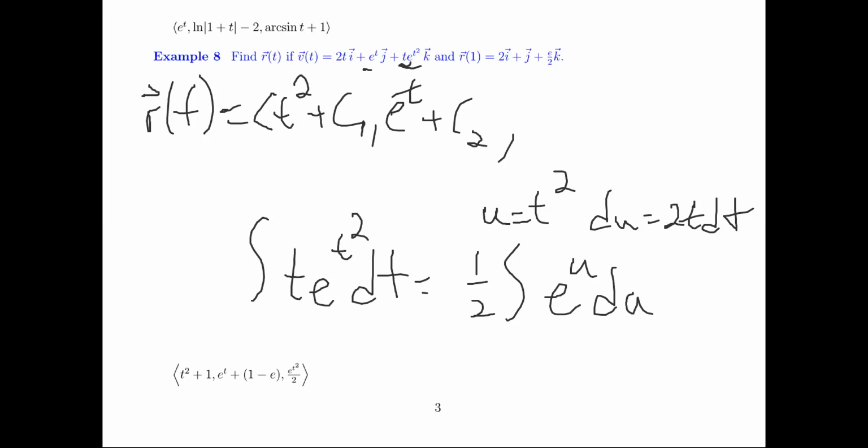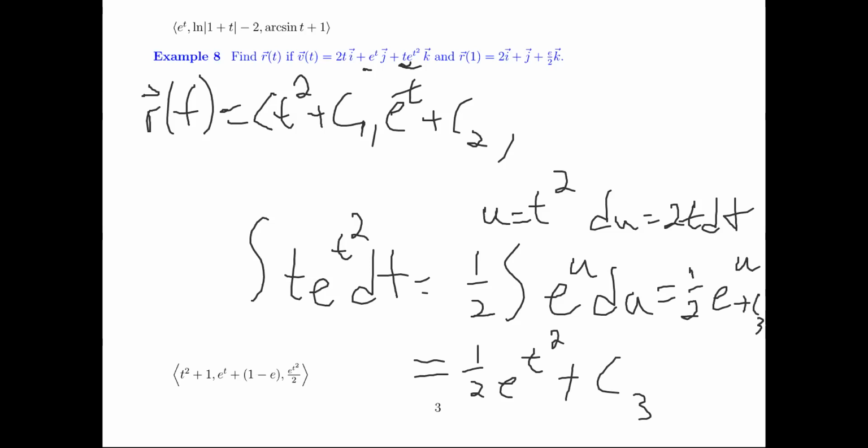And then we take the integral of this, and we get 1/2 e to the u. And from there, this is 1/2 e to the t squared plus some constant c. And this was plus c. All right. So we get, again, 1/2 e to the t squared plus some constant c.